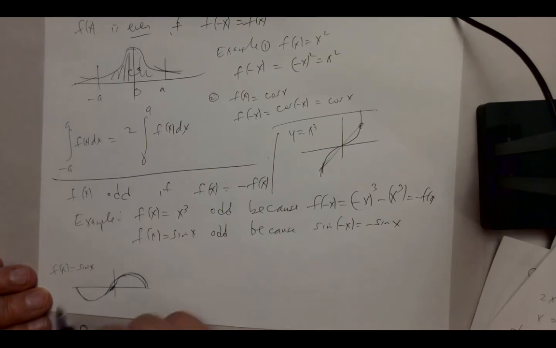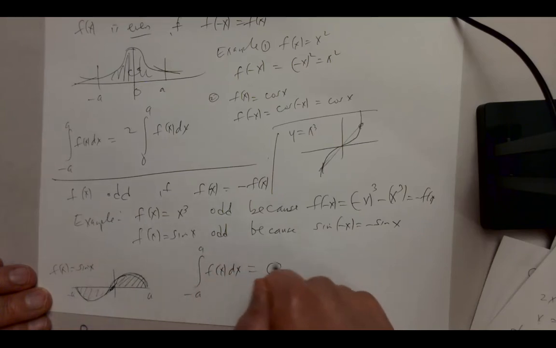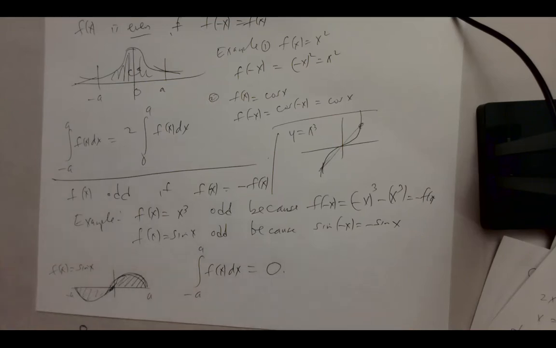And you can see for an odd function, if you go from minus a to plus a, the area here is equal in absolute value, but opposite in sign to the area there. So the integral from minus a to a of f of x dx for any odd function is going to be 0. So these are two nice geometrical facts about even and odd functions.